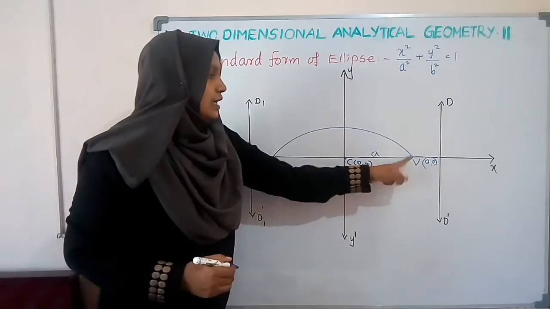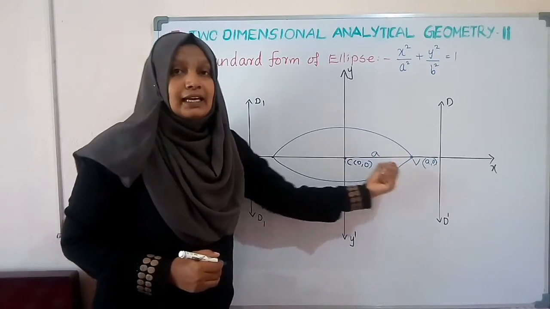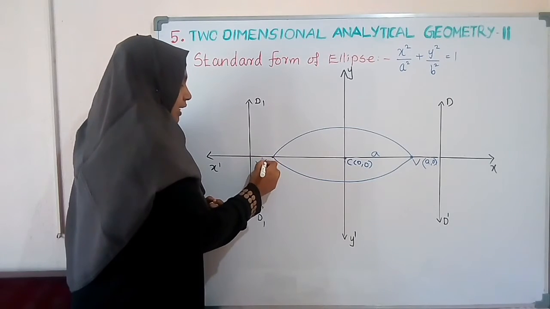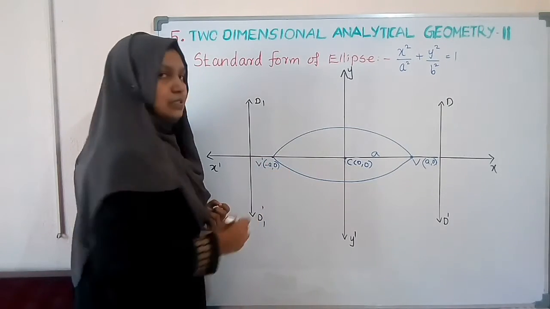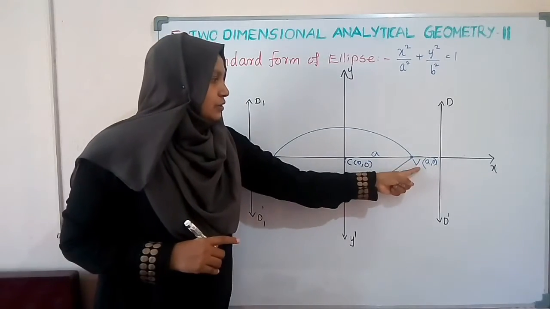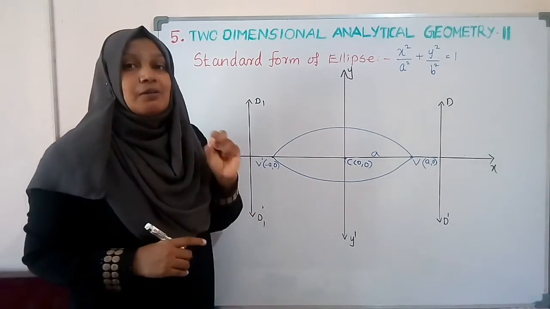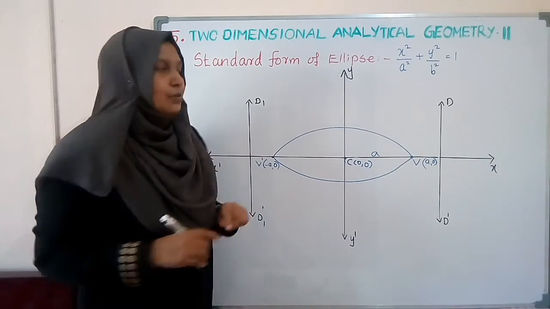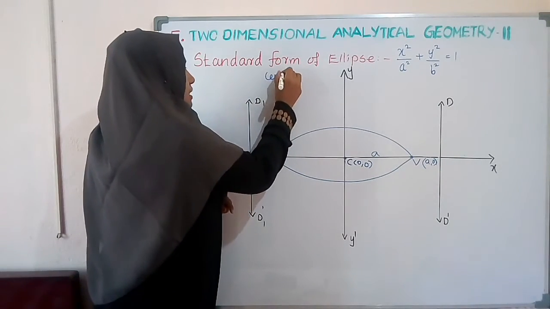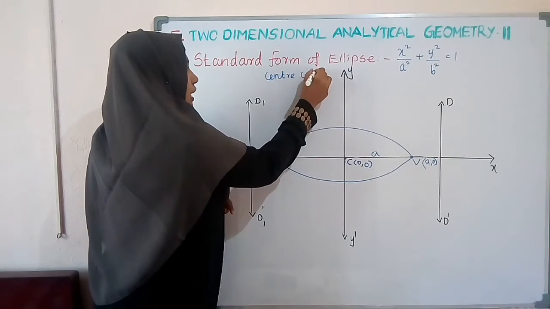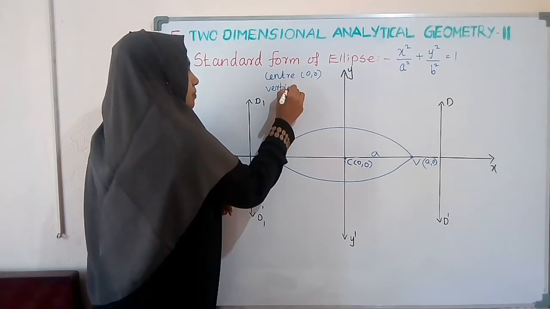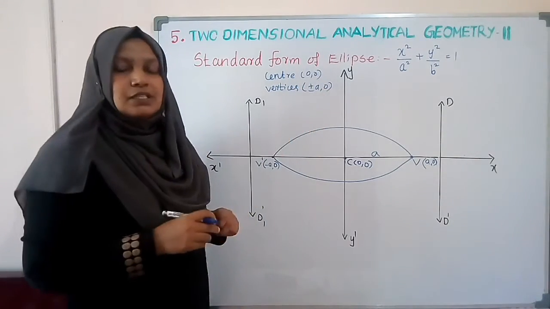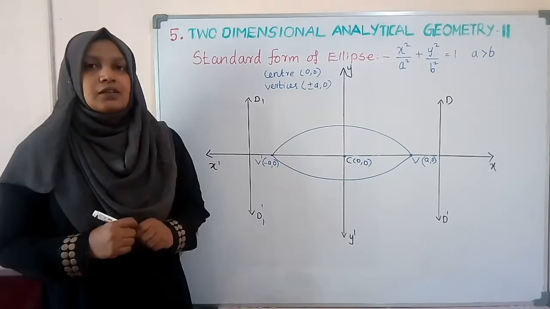On the left side, I mark it as A dash, it is minus a comma 0. So the two vertices are plus or minus a comma 0. We marked the center at origin and the vertices at plus a comma 0 and minus a comma 0.